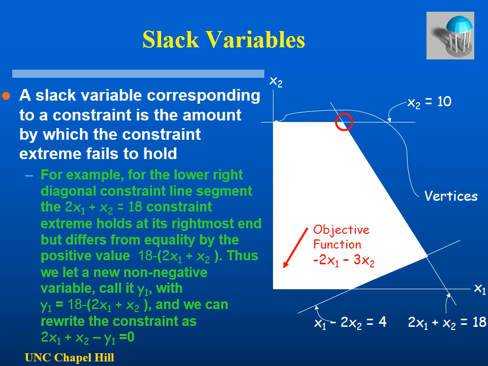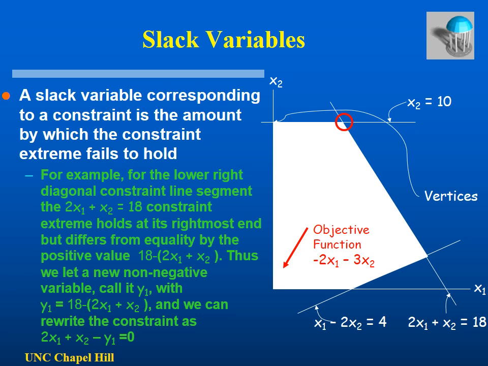But as we get away from that, say along the edge, the downward facing edge on the lower right, as we get away from the corner, it still holds that 2x1 plus x2 is less than or equal to 18, in particular, except at the corner, less than 18.